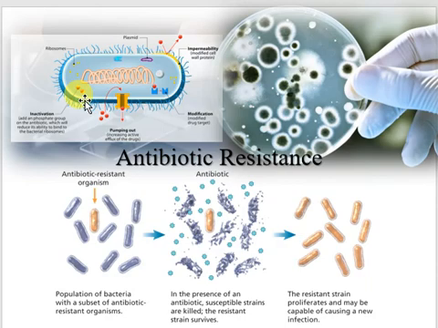Antibiotic resistance: you'll have some antiviral resistance, antibiotic resistance, antifungal resistance. Antibiotic is the big one. This is dealing with your naughty little bacteria. Bacteria have very interesting mechanisms for gene transfer.